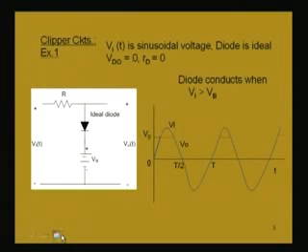Now, in order to understand a clipper circuit, let us first take an example of a clipper using an ideal diode, for simplicity and easy understanding. Then we can go for actual diodes. In this circuit, the ideal diode has threshold voltage 0 and forward resistance 0.